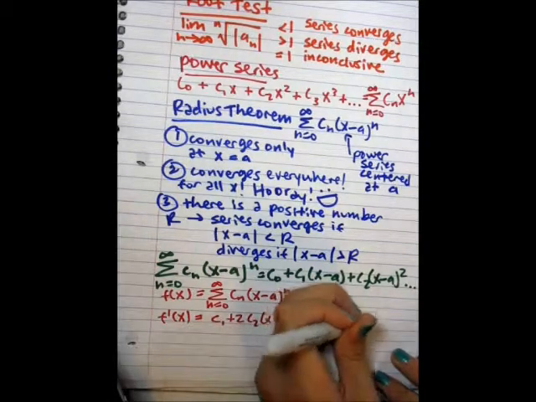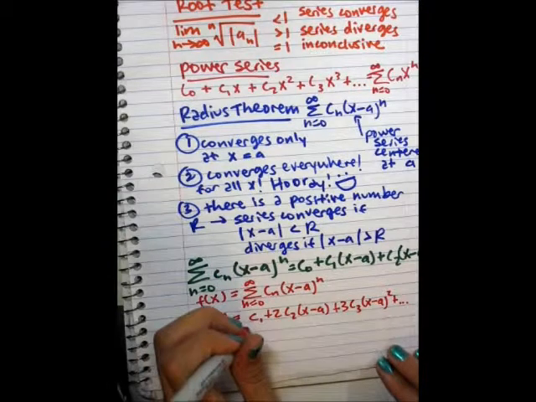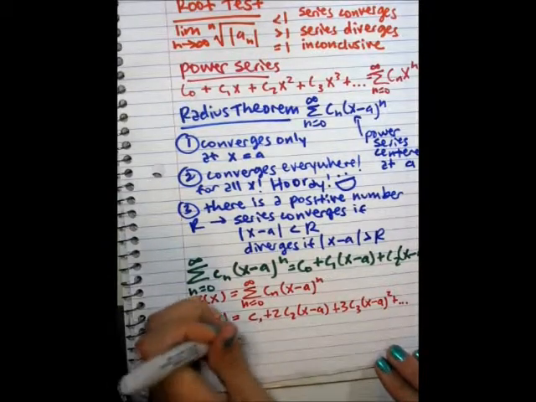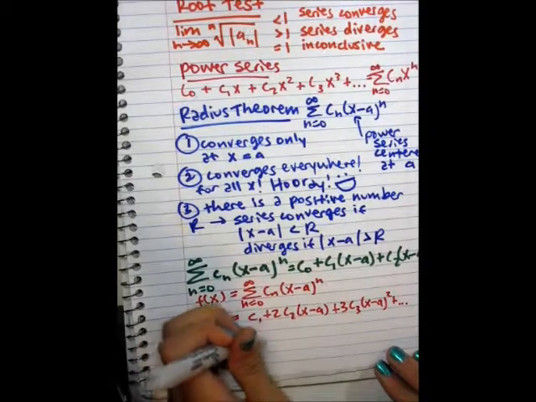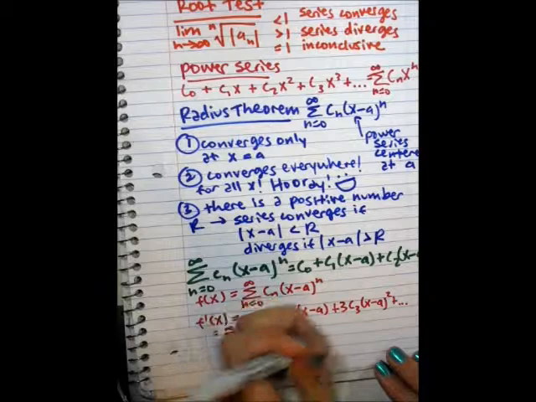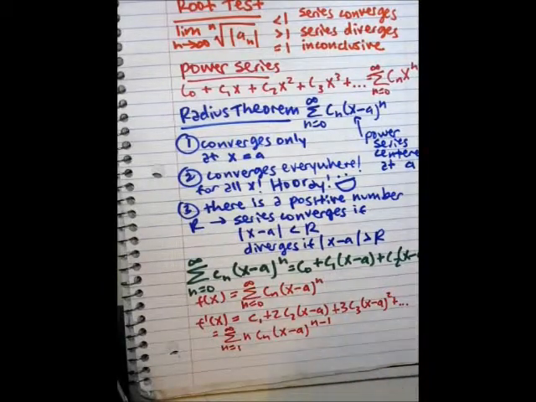Then we can differentiate each term to get f prime of x equals c_1 plus 2c_2 times the quantity (x minus a) plus 3c_3 times the quantity (x minus a) squared plus ..., or in a more compact form, sum as n goes from 1 to infinity of n times c_n times the quantity (x minus a) to the power of n minus 1.